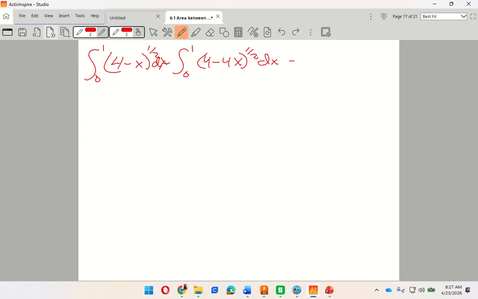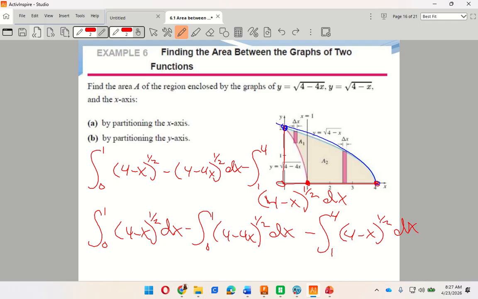Nope, I messed that one up yesterday. This one's going to be a plus. From 1 to 4, 4 minus x dx. Wait, plus? Yeah, I messed that up yesterday. Because right here, if I minus this, what's going to happen? Because I got this area here.